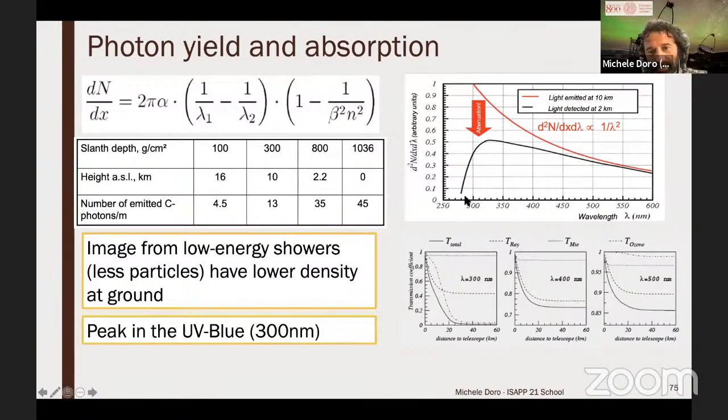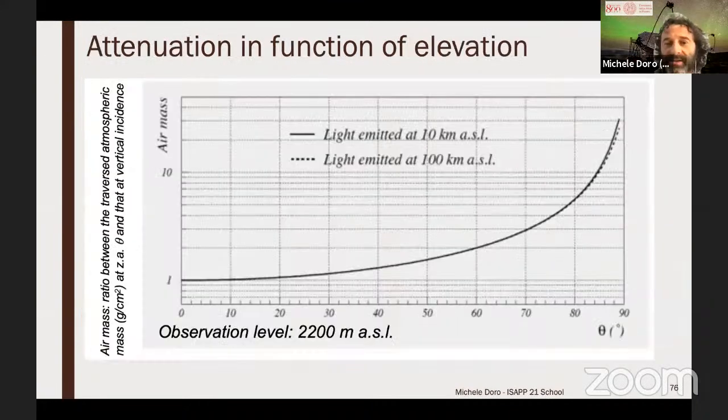So all the UV part is absorbed, but then you have our peak. This is the light that you have to measure to detect the shower, peaked at 300 nanometers, which is UV. So you need UV blue detectors.